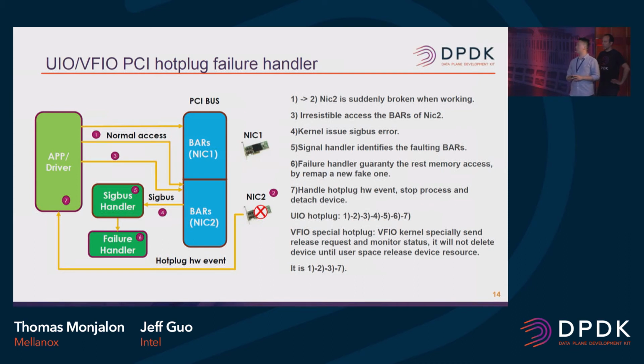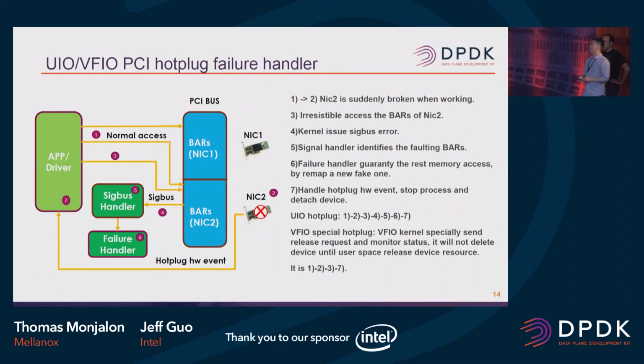For example, by remapping anonymous or fake memory, it guarantees that the remaining accesses will be safe and gives time for the application callback to release the device resources in the upper layer. So this is the UIO Hotplug process, steps 1, 2, 3, and 4, 5, 6, 7.